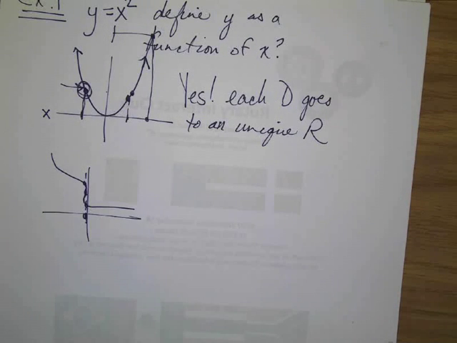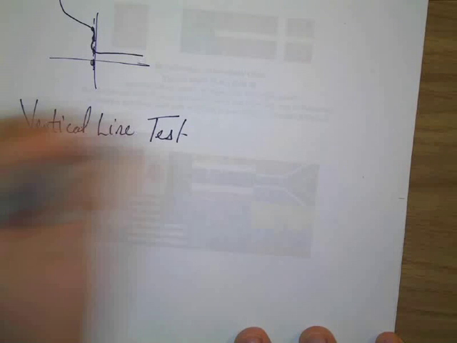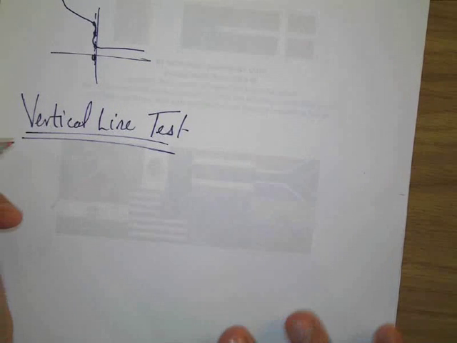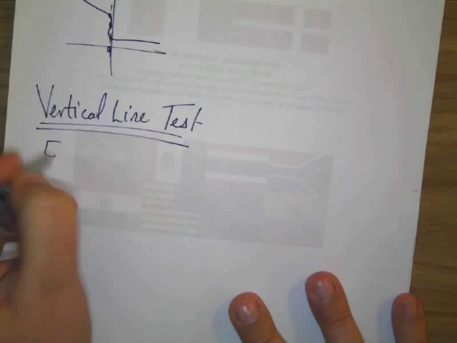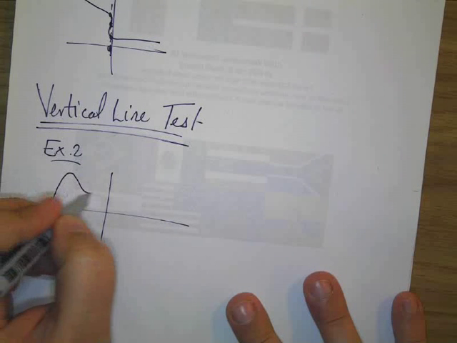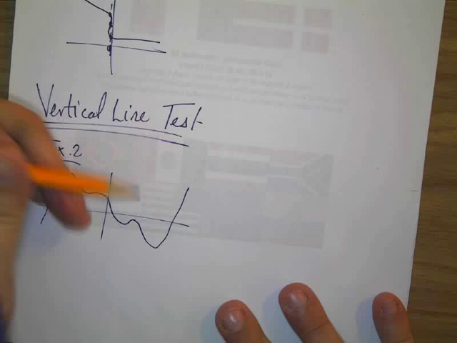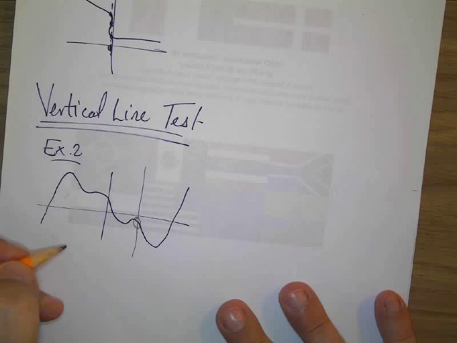Now, I think you guys have already learned this, but the vertical line test? Good. So the vertical line test tells us whether we have a function or not. If we look at example 2 again, the first one, if you draw vertical lines, how many times is it allowed to cross? Once.